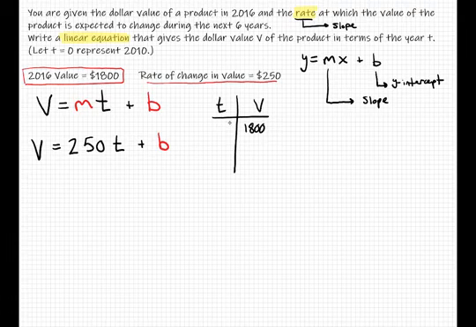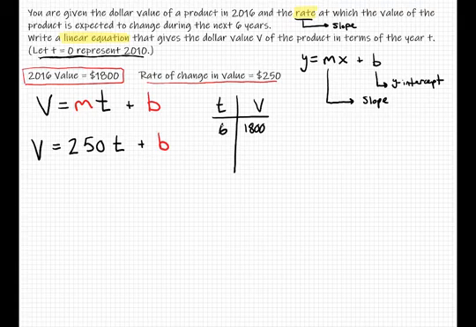T is not the year 2016. T is the number of years after 2010. So 2016 is 6 years later. So basically, t is not the year, t is the elapsed time, the time after 2010. So in 2016, that would be 6 years later, so t would be 6.